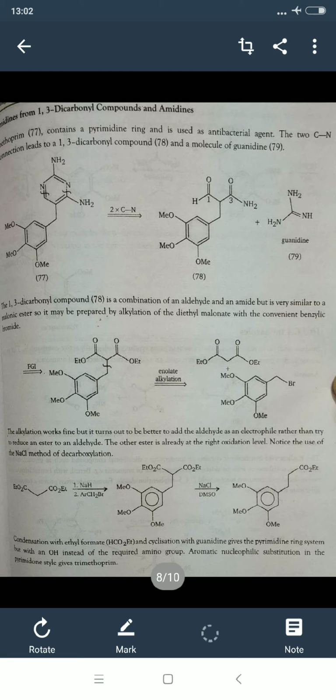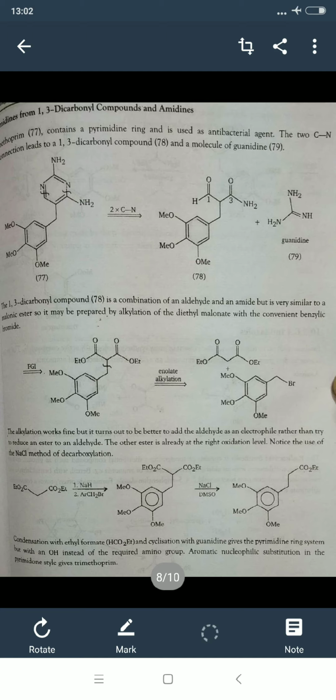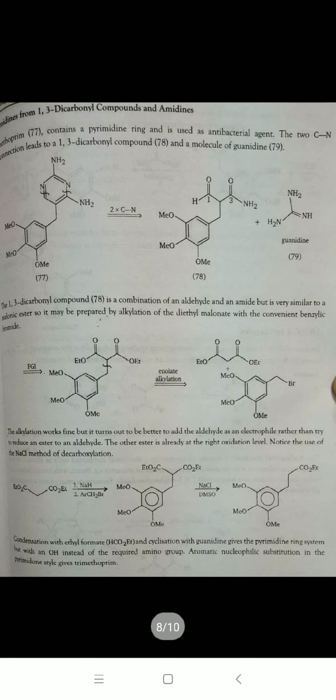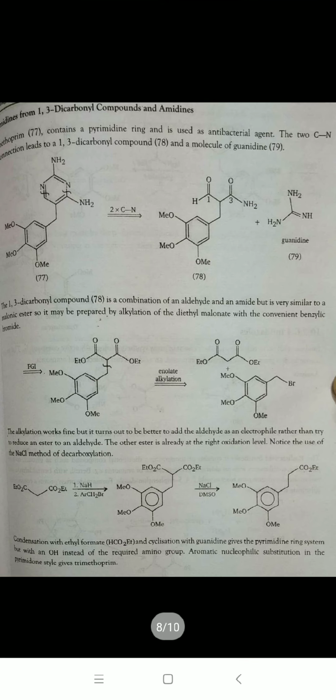Now, pyrimidines from 1,3-dicarbonyl compounds and amidines. Trimethoprim 77 contains a pyrimidine ring, and it is used as an antibacterial agent. The 2-cyano C-N disconnection leads to 1,3-dicarbonyl 78 and a molecule of guanidine 79.